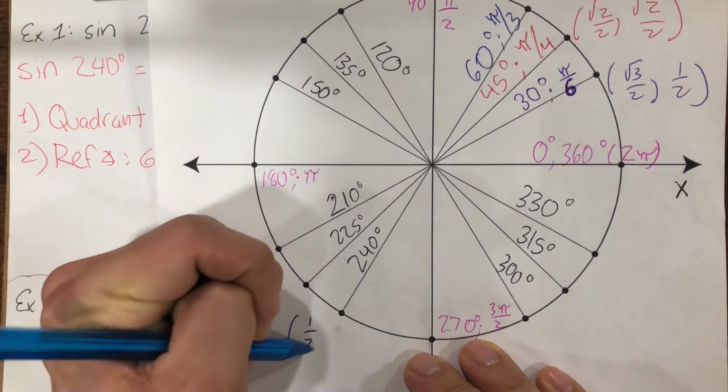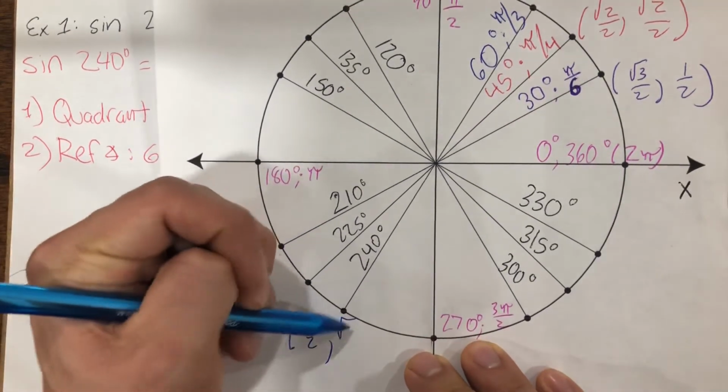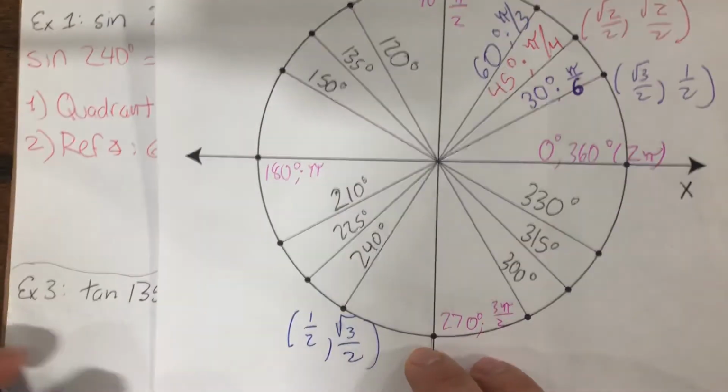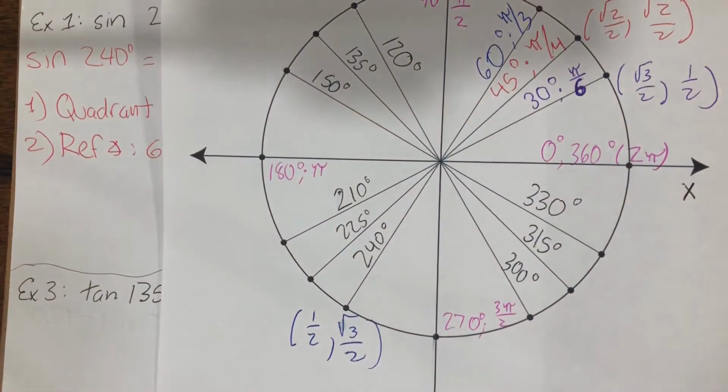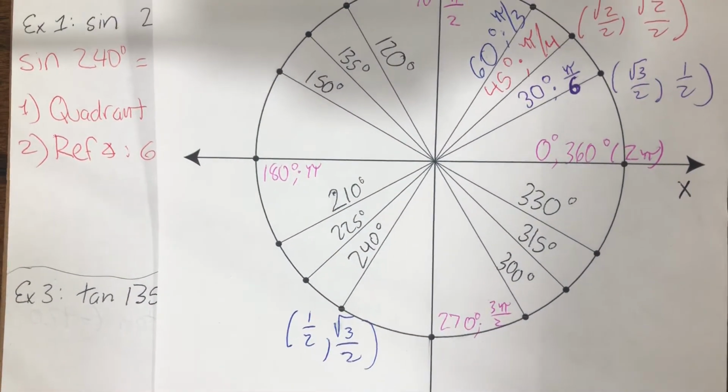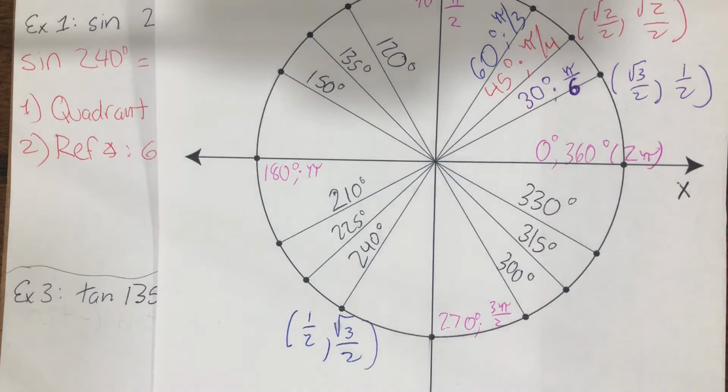So we have 1/2, comma, √3 over 2. That's my x and y coordinate for 240. Now, we also have to figure out whether one or both of these numbers are going to change into a positive or a negative value.